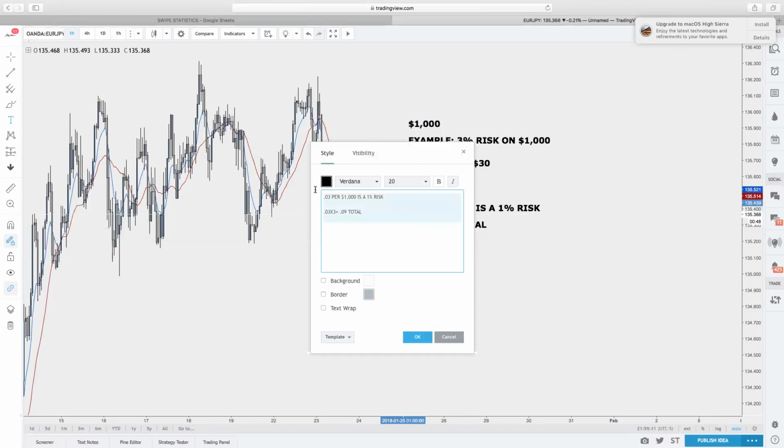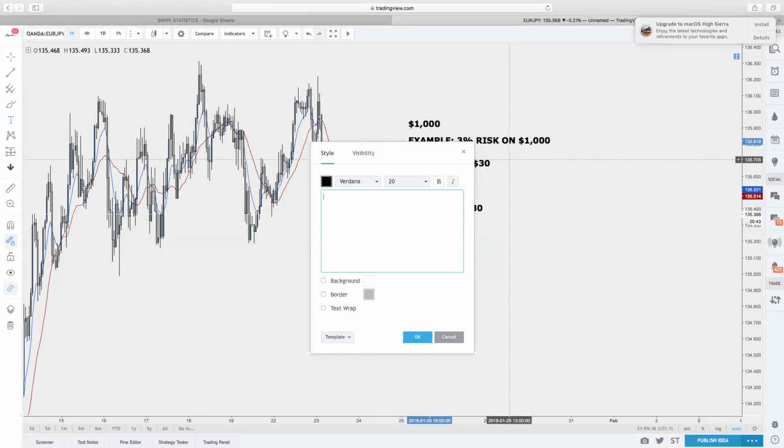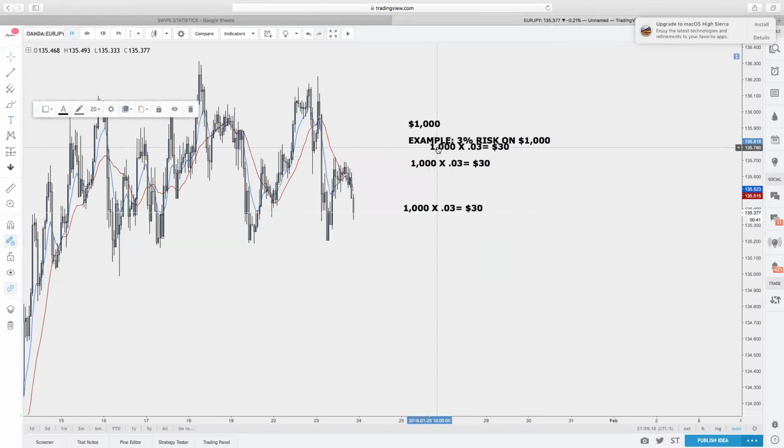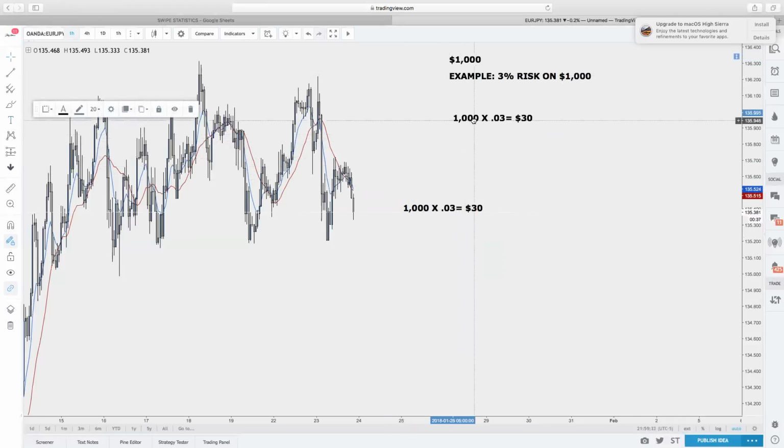So let's go over this like we just got a swipe trade. We're going to risk 3% on 1,000, so we're going to risk $30.